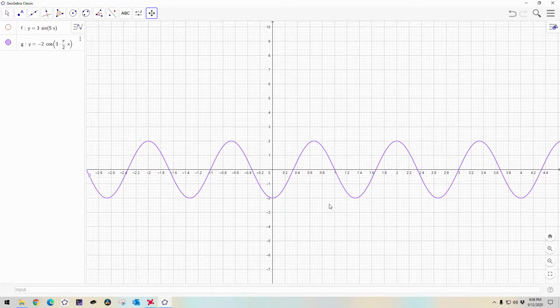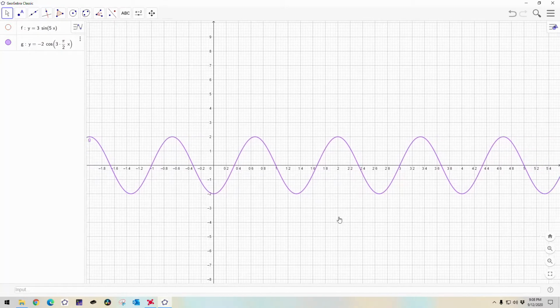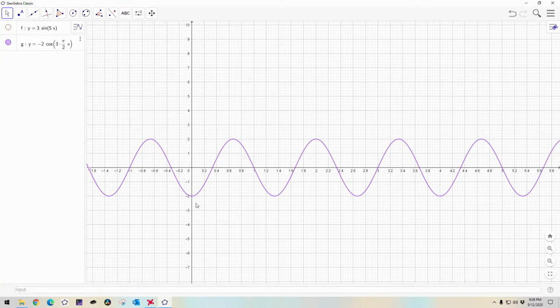So if I spread this out, we may actually get lucky here to see, without having to change the scale too much. I can see right here it does start at the bottom, as we said before, right? Because this is a negative cosine. The amplitude is 2. And I can almost make out where this top peak is right here. Almost.